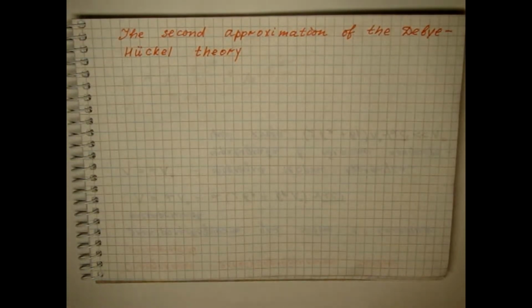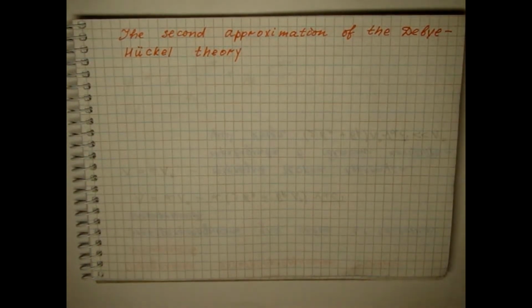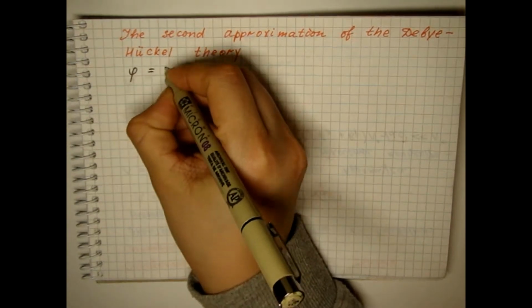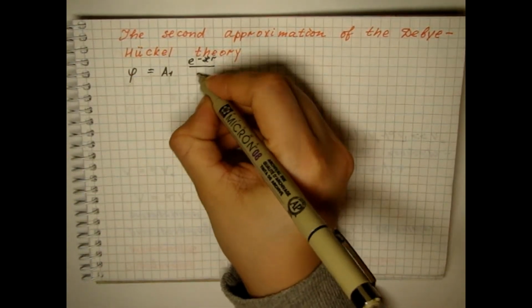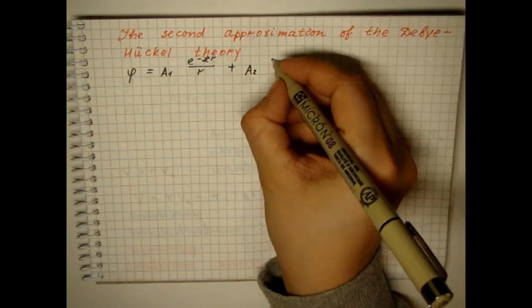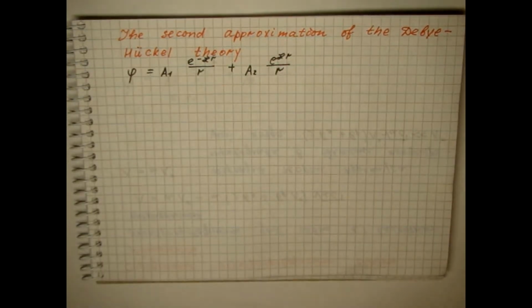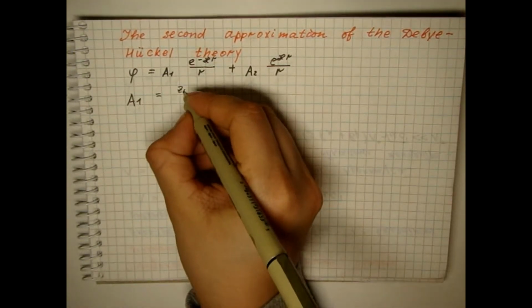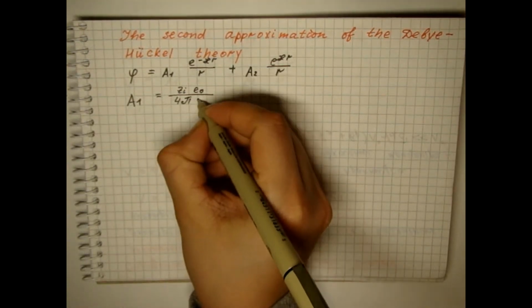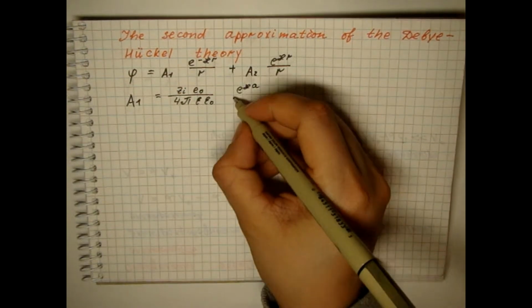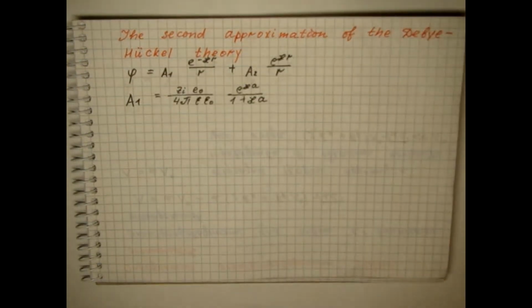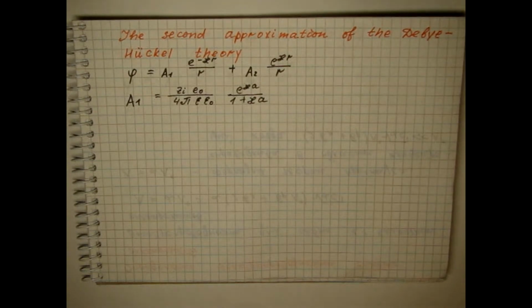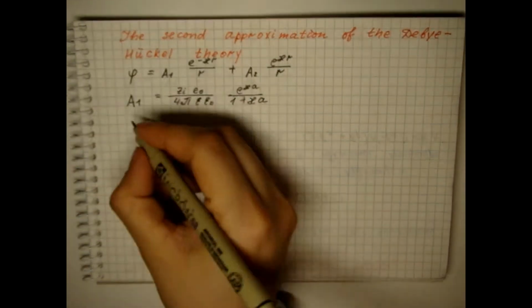In the second approximation, Debye and Hückel took into account the size of the ions. For the integration constant A1 in the equation, the following formula was used. And the potential of the ionic atmosphere was defined as the limit.